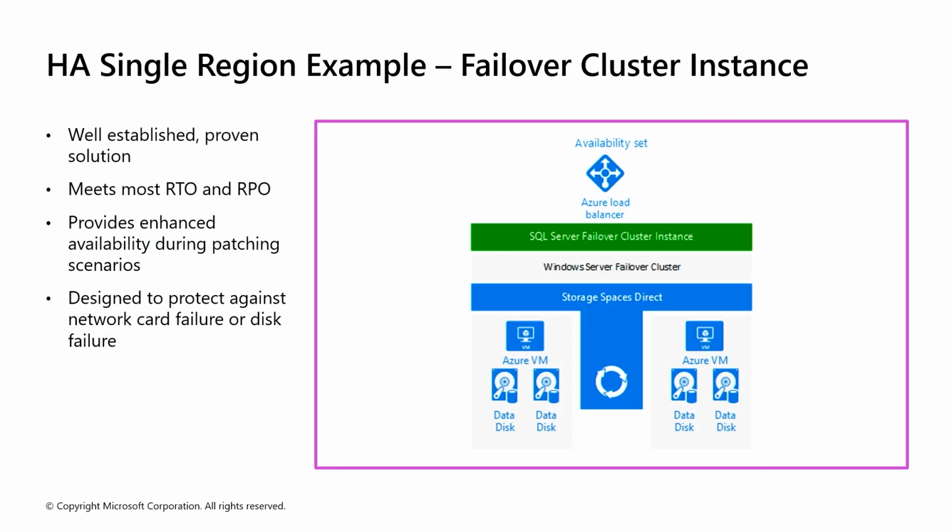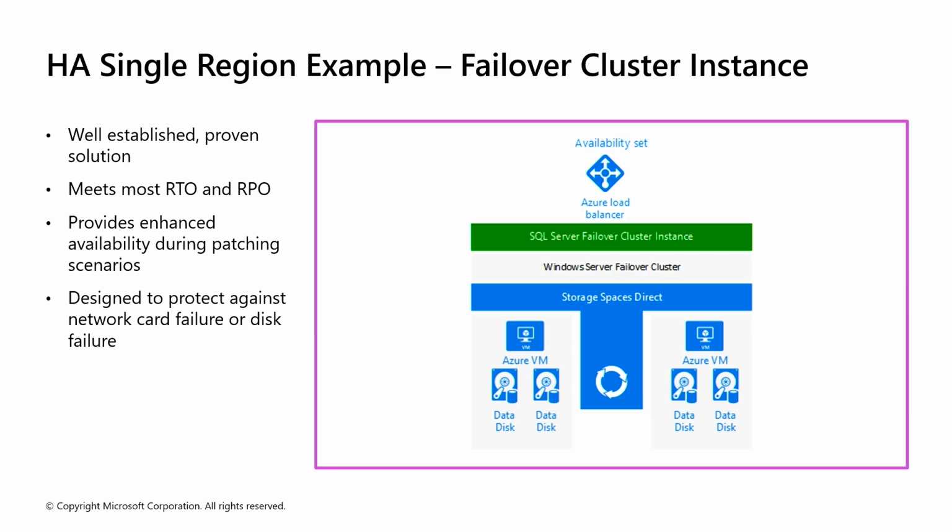See our example here with high availability architecture using SQL Server failover cluster instance within a single Azure region. There are 2 Azure VMs with attached data disks connected via Storage Spaces Direct and managed by a Windows Server failover cluster, all within an availability set to ensure redundancy.